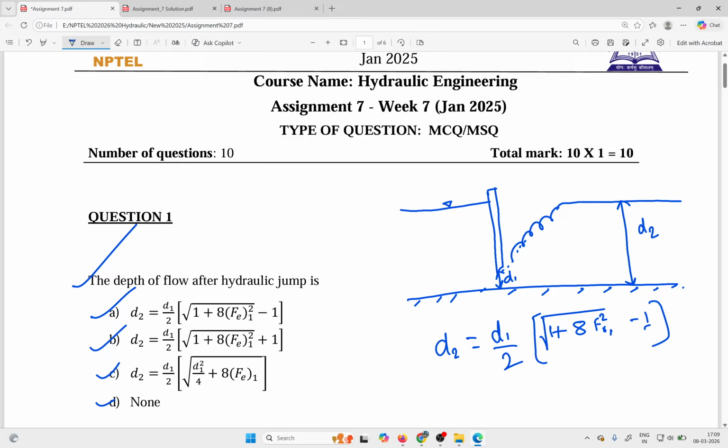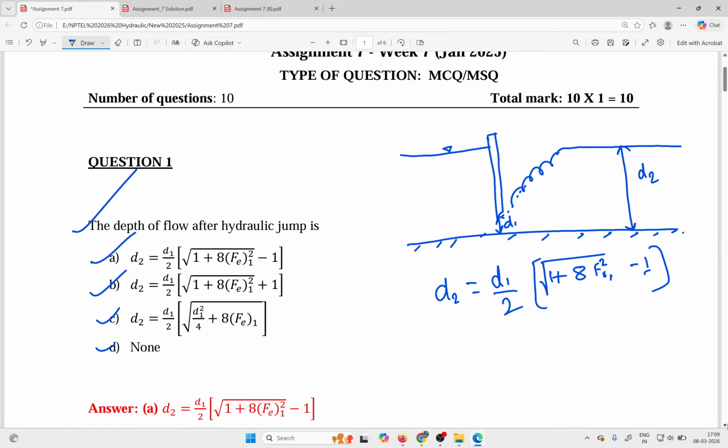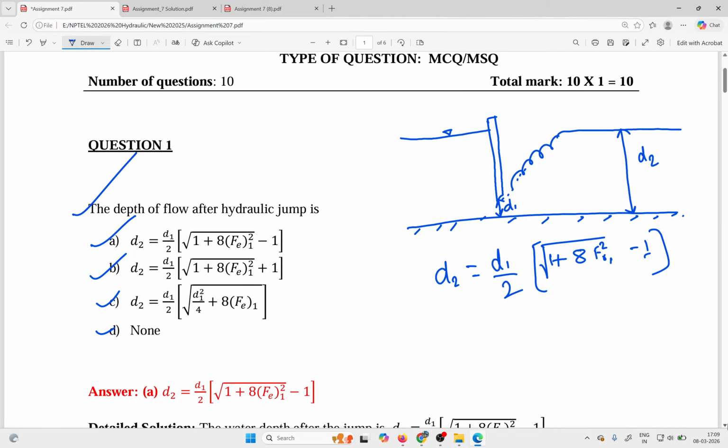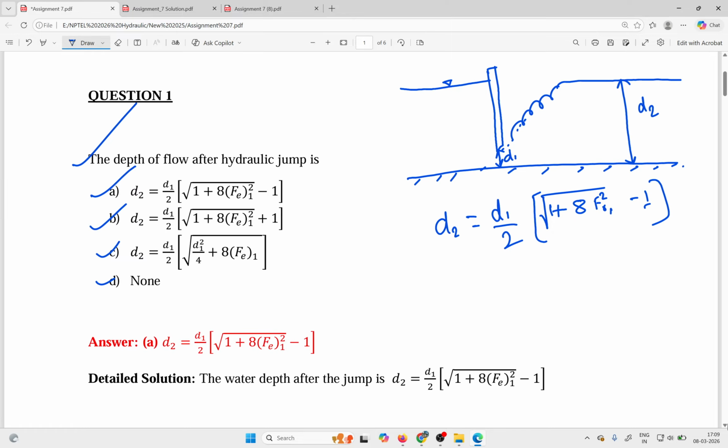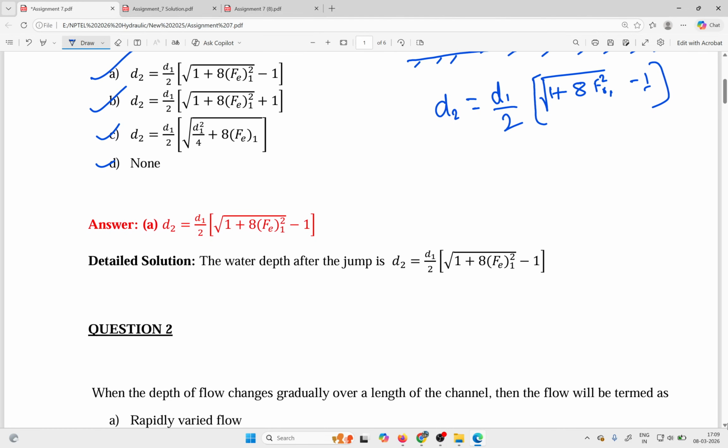Okay, many students are telling option A is correct. Yes, option A is correct for this question. Always remember, this is a very fundamental and important formula for open channel hydraulics. Most questions are based on this formula or another formula, yc is equal to cube root of q square by g, which we discussed a lot in week number 6.